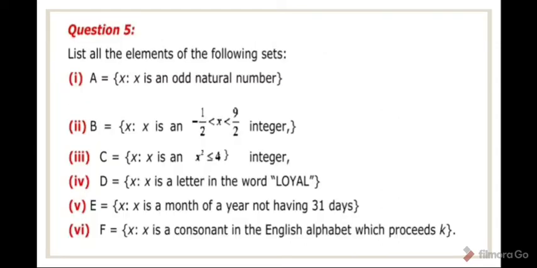Okay. Now, question number 4, D is the collection of x where x is a letter in the word LOYAL. Obviously, I told you, first of all you have to change it into roster form.